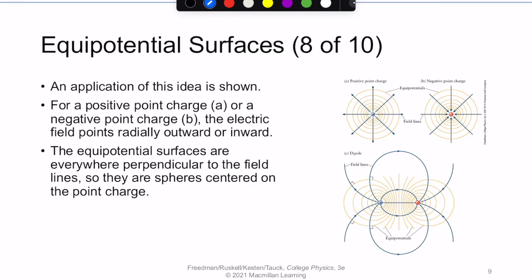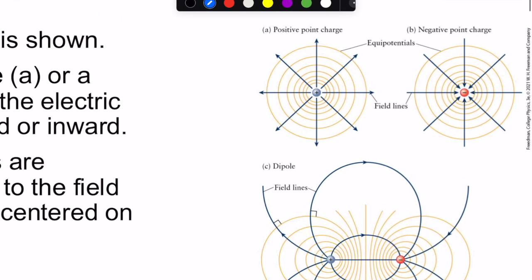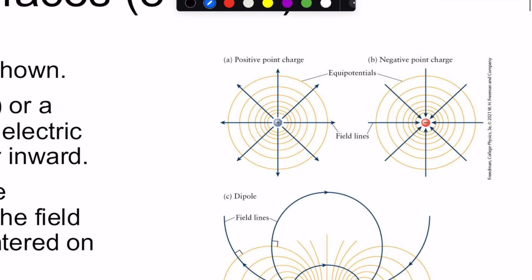So now let's look at these pictures I've been drawing with the circles that are perpendicular to the electric field lines. Here are our point charges, and the blue lines are the electric field lines. You can see that the equipotential surfaces are circles around those charges. Let me ask you real quick, how would we compare the value of this line to this line?